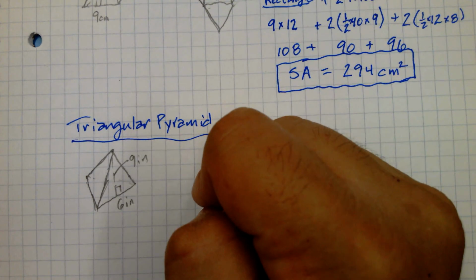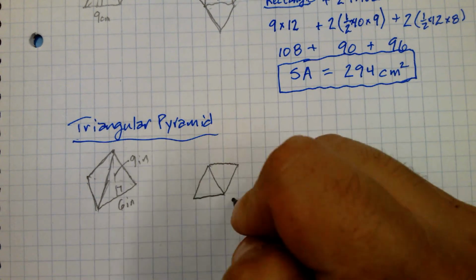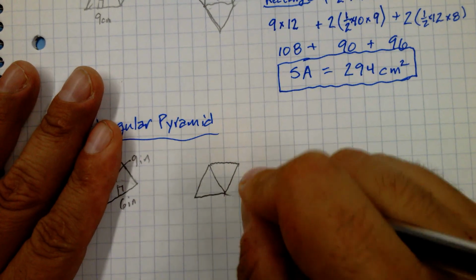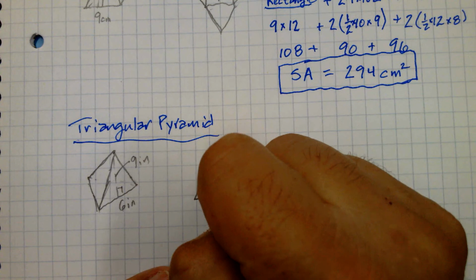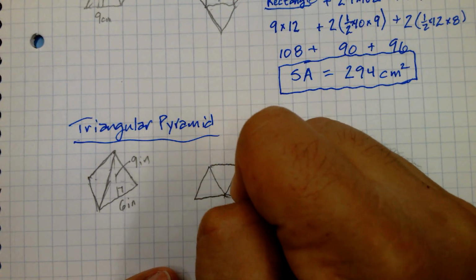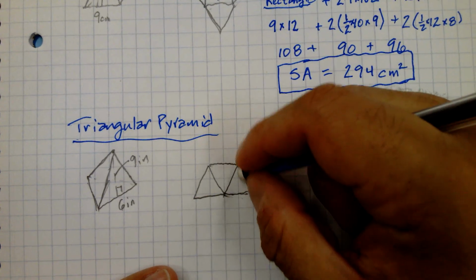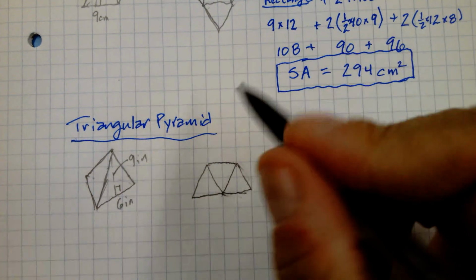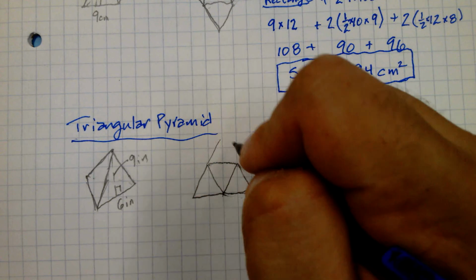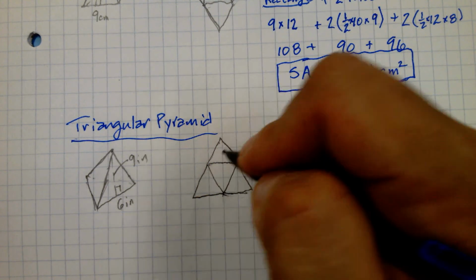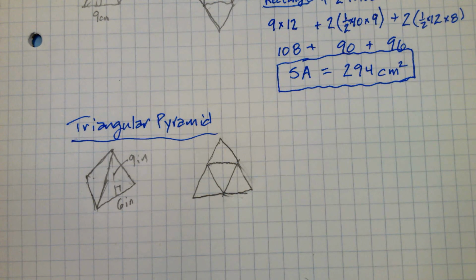And off of each side, let's make a triangle. Try to make it as congruent as possible. I wish I was a better artist. And this one is not so bad.